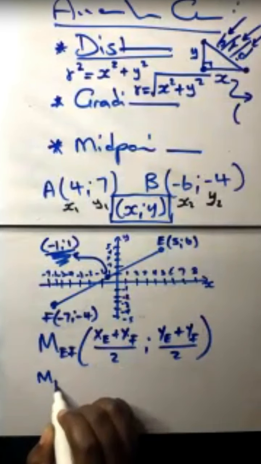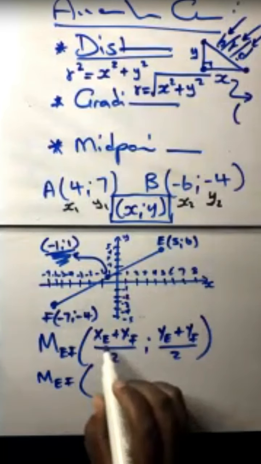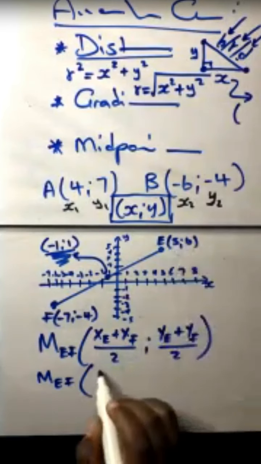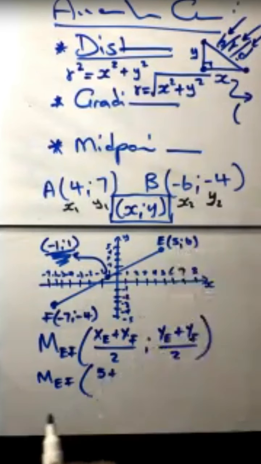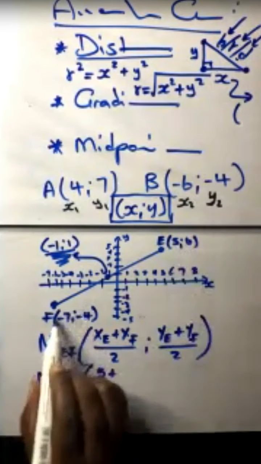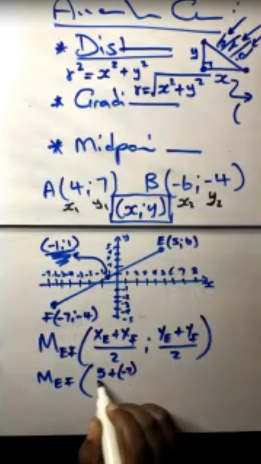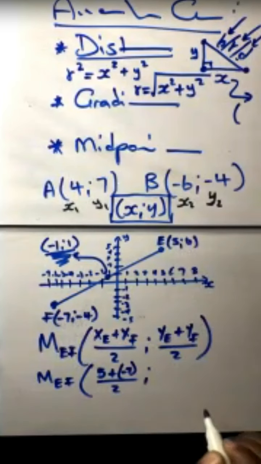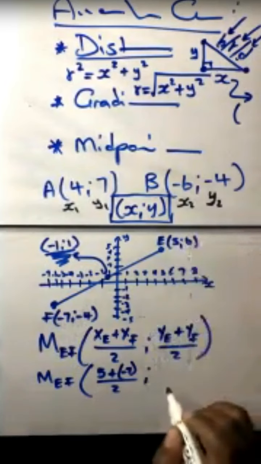Then you say the midpoint of EF is, what is X of E, guys? I think it's 5. You can see over there it's 5. What is the X value of F? Can you see it's a negative value? Substitute it in brackets. Then you divide by 2. Then you do that. What is the Y of E?